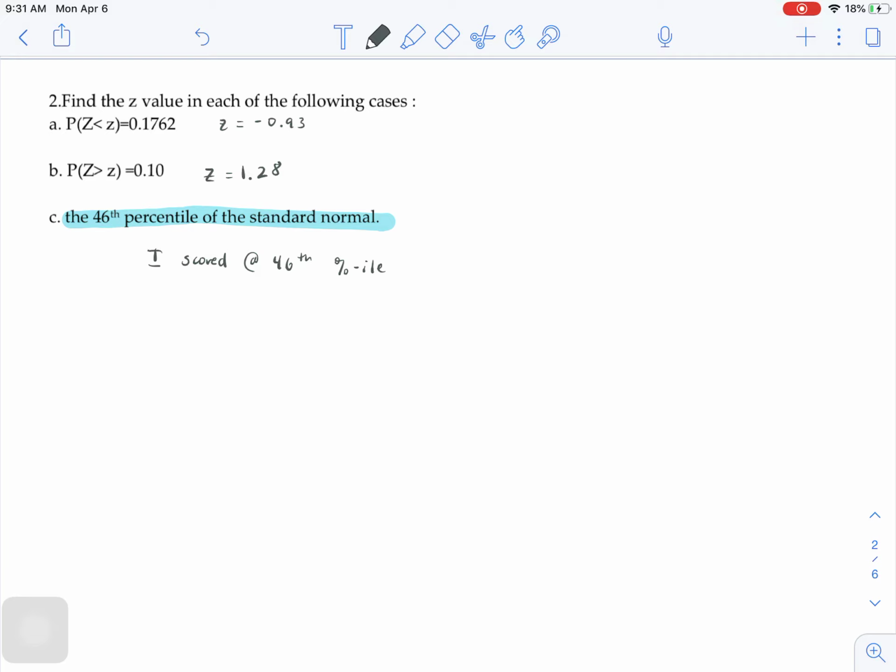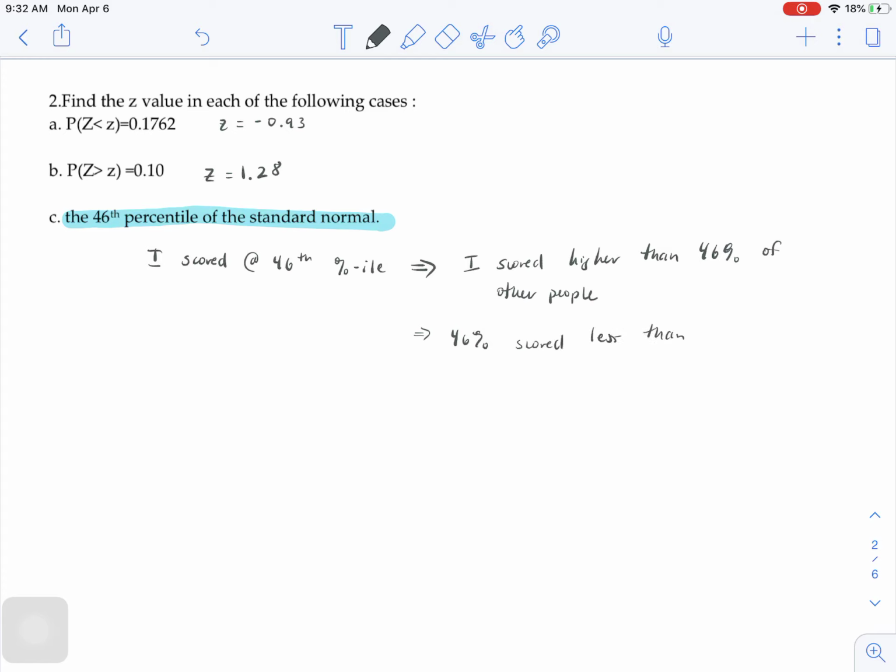What does that mean? That means that I scored higher than 46% of people. In other words, I did better than 46% of everyone else who took the test. In other words, 46% of people scored less than me.